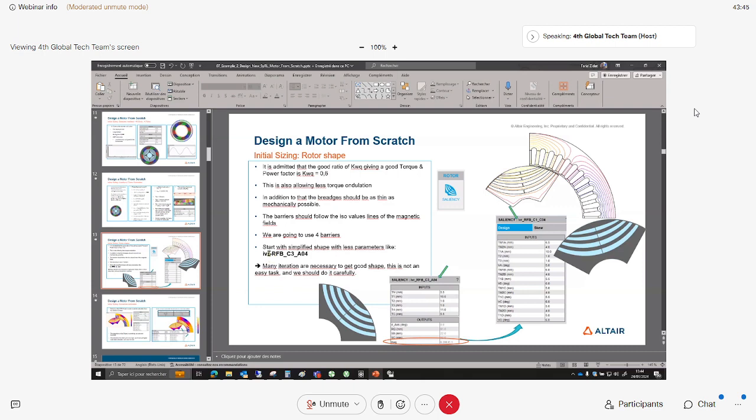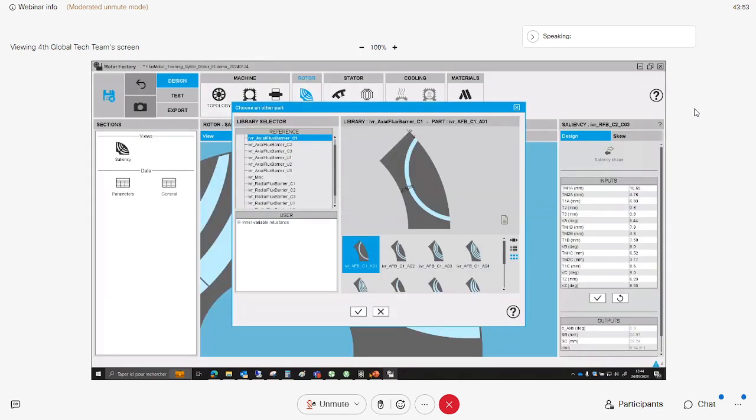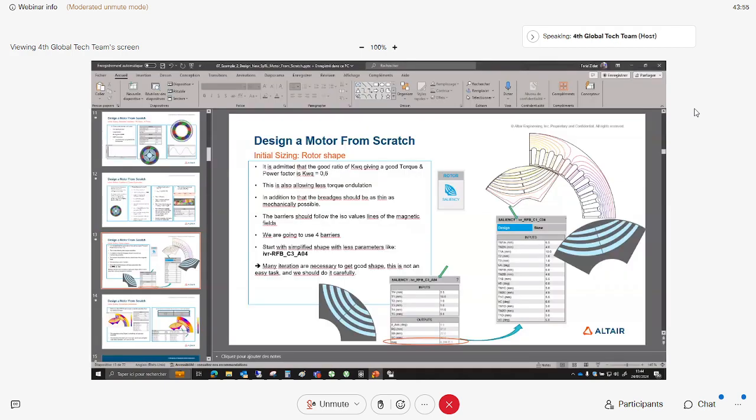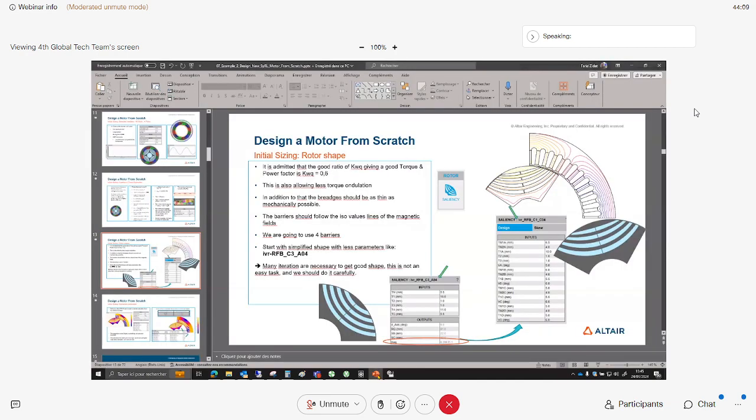So here I will select radial. I go here. So it's called EVR RFB. EVR radial C3. And it is A04.